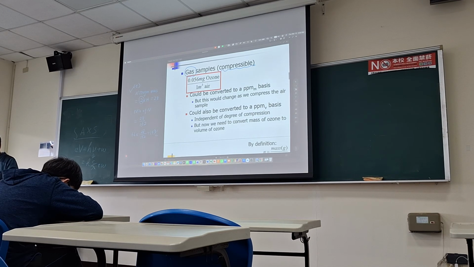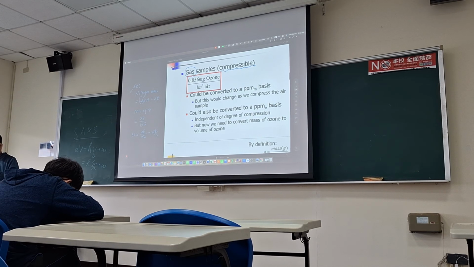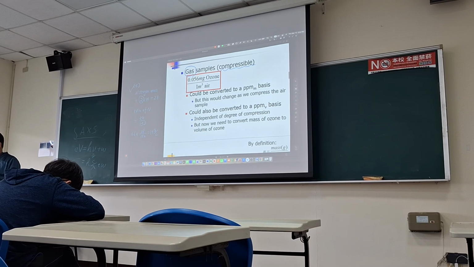The gas is compressible. So for example, we have 0.056 milligram ozone per 1 cubic meter of air. There are 2 kinds of ppm that we can express in these questions. First of all is the mass basis.